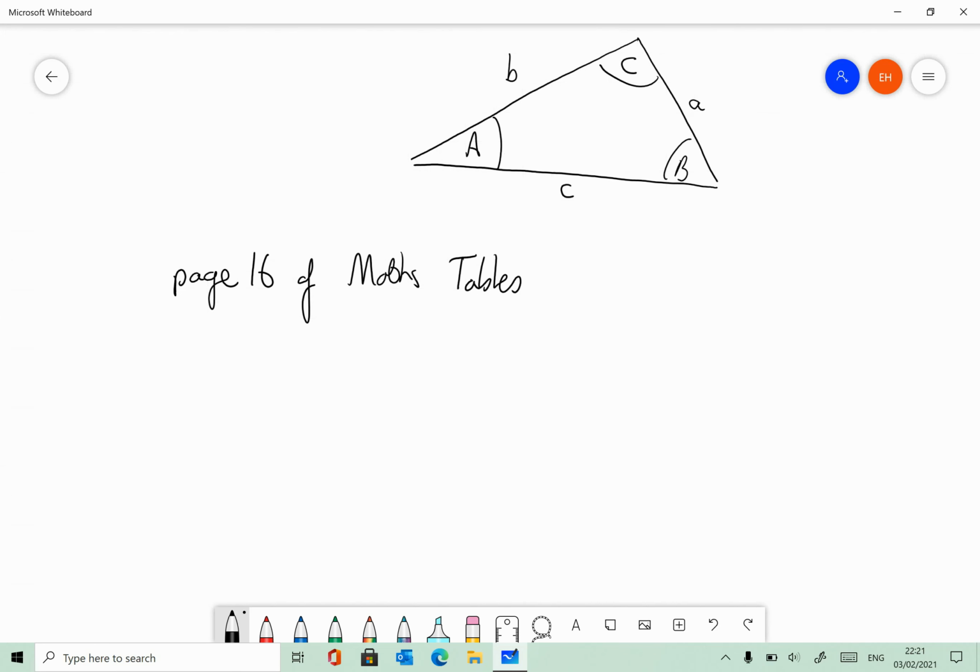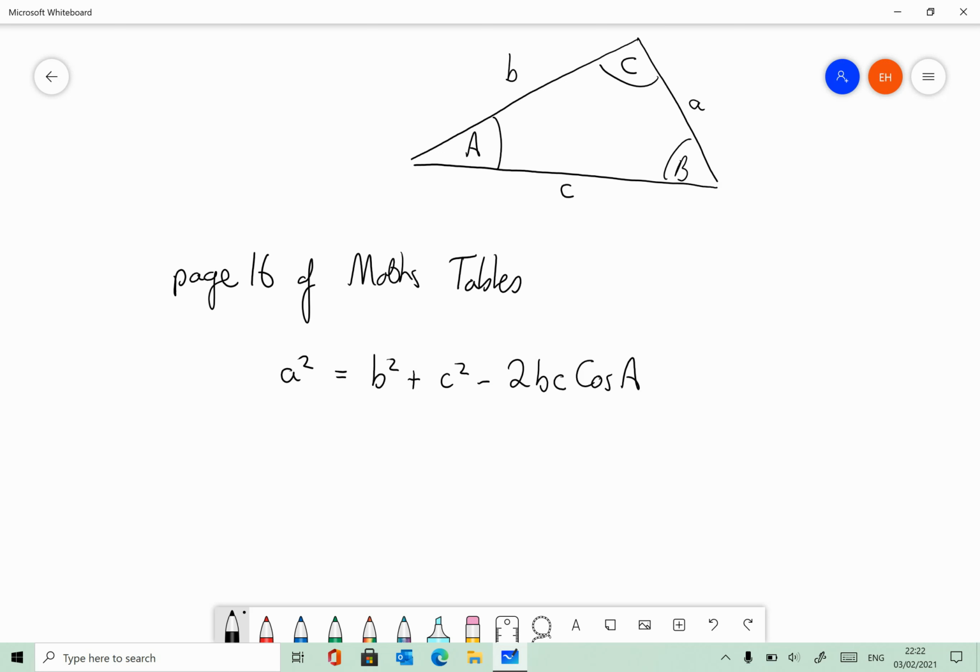The formula tells us that in this triangle up here, a squared equals b squared plus c squared minus 2bc cos of a, or the cosine of a. Now, that's a really important identity, and it really comes down to, do you know how to label up a triangle?